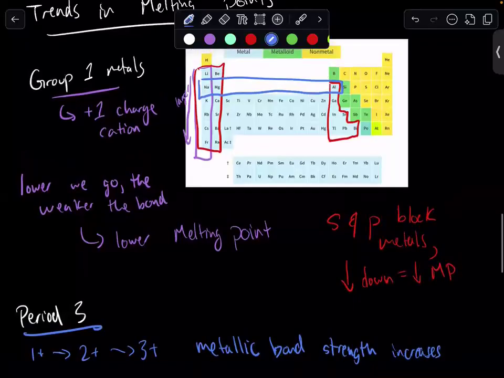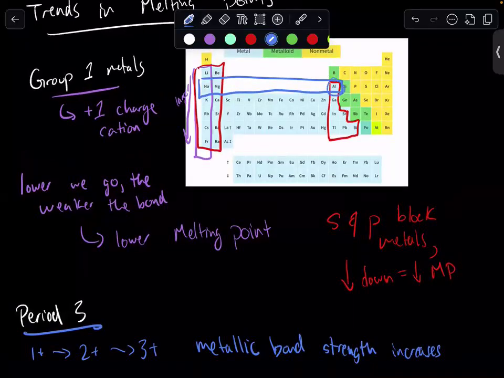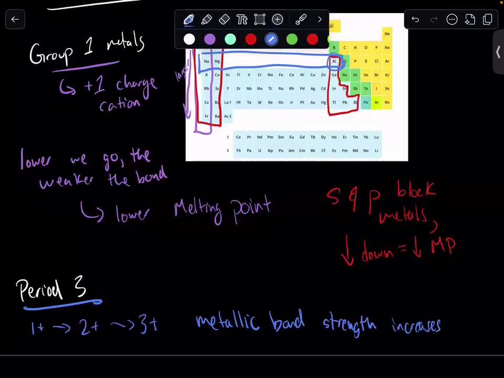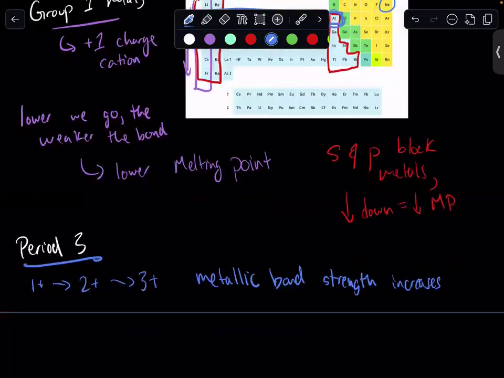Furthermore, these cations are actually going to be smaller, so our ionic radius is decreasing, which is wild. If you go back to ionic radius from a million lessons ago, you'll see they all have the electron configuration of neon as a cation, but just different charges, and the larger charges have a smaller radius. So as we go across the period, we have a greater charge, the metallic bond strength increases, and therefore the melting point also increases.